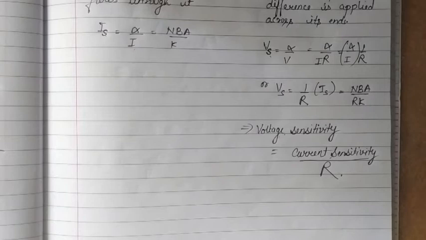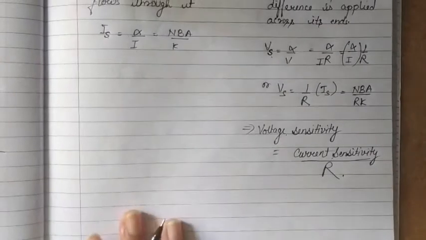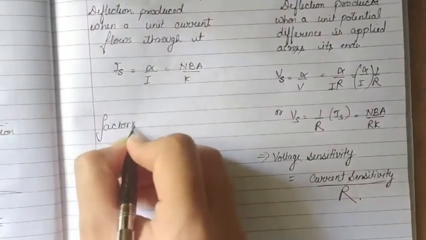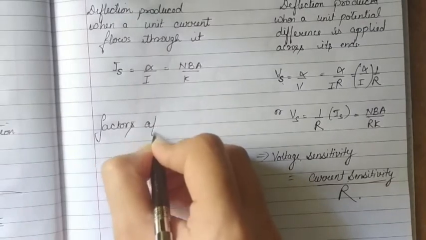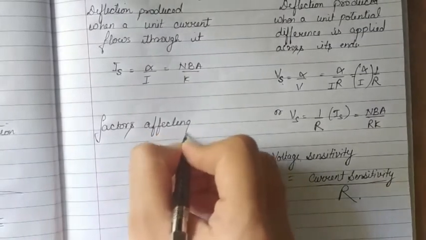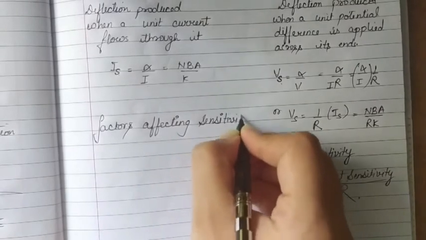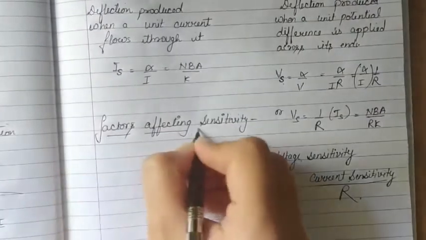Now we will see the factors on which this sensitivity of a moving coil galvanometer depends. Let's see the factors affecting sensitivity.